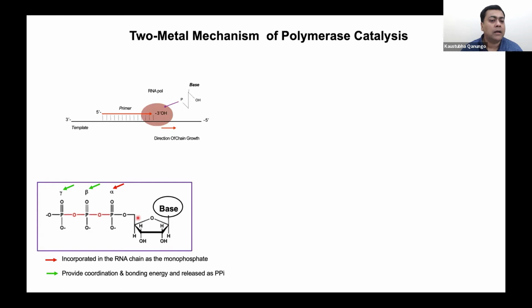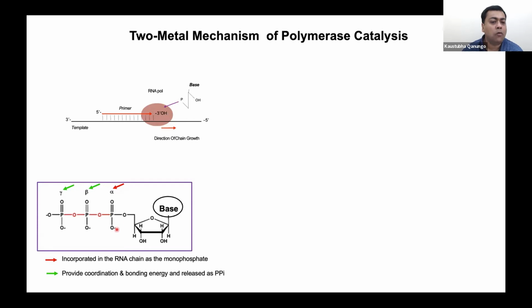On the other hand, in the nucleotide triphosphate, there are 3 phosphates attached. This is the building block that is present in the cellular environment. And these phosphates are known as the alpha, beta, and the gamma phosphate. So what you are going to see is that the beta and the gamma phosphates are essential for the bond formation, but they will be hydrolyzed out and they will just get out as the inorganic phosphate or the PPi.